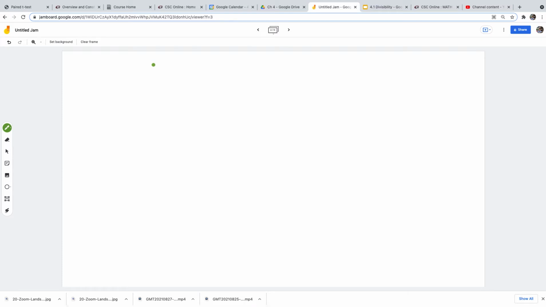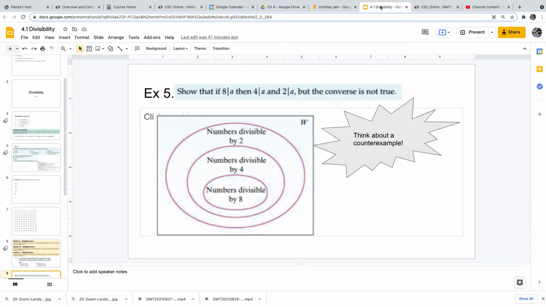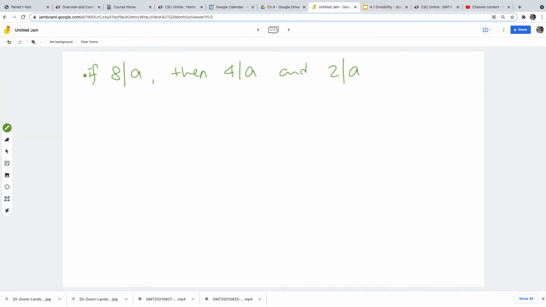So what we have here is the original statement: if 8 divides A, then 4 divides A, and 2 divides A as well, right? That's the original statement.